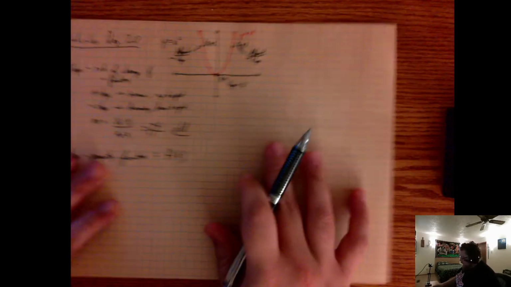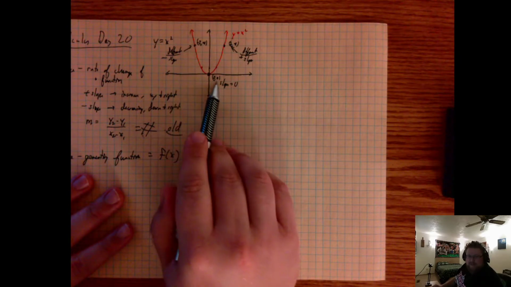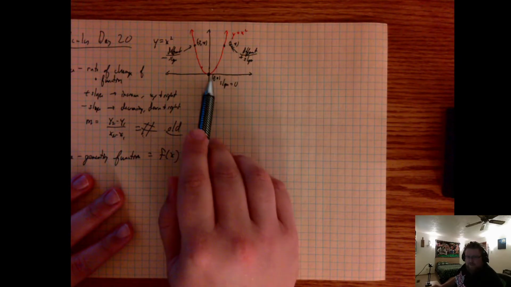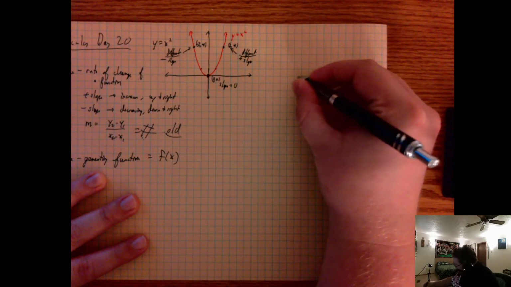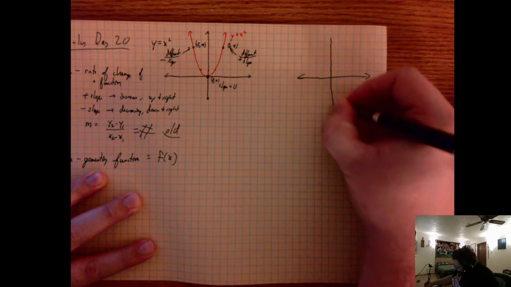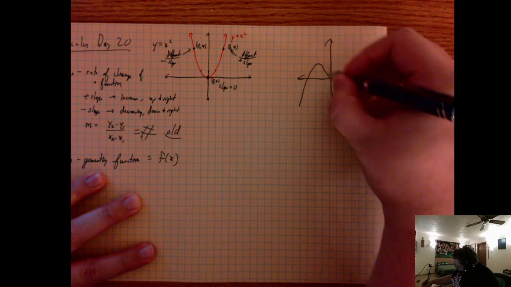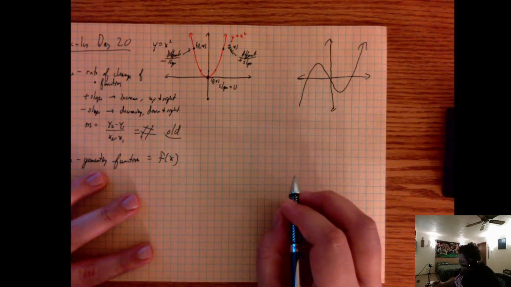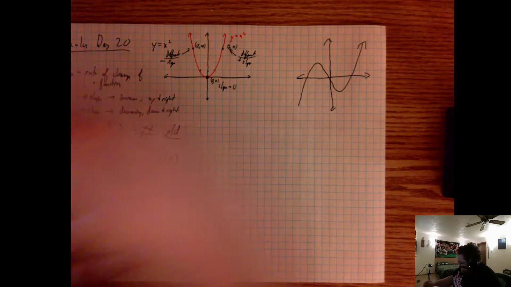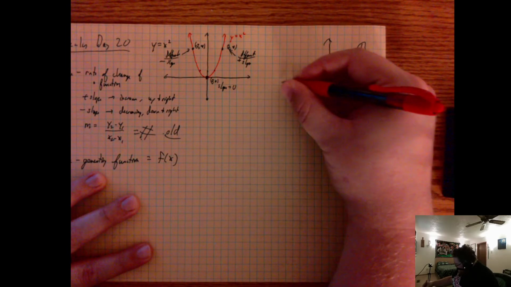Because while this function is one that I can see has a negative slope here, a positive slope there, and a slope of 0 here, if I was to draw another graph, all that changes. Right? If I was to draw something like a cubic function, at this dot, my slope would be positive.